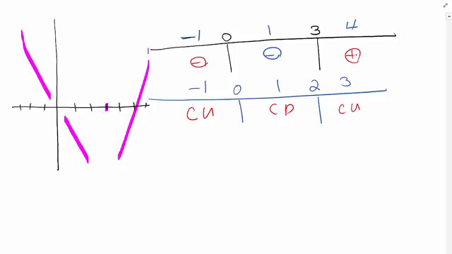Okay, now after that, using the second derivative, we can fix this line here. So if you look at this, until 0 it is concave up and decreasing, which means the graph shape must be this.